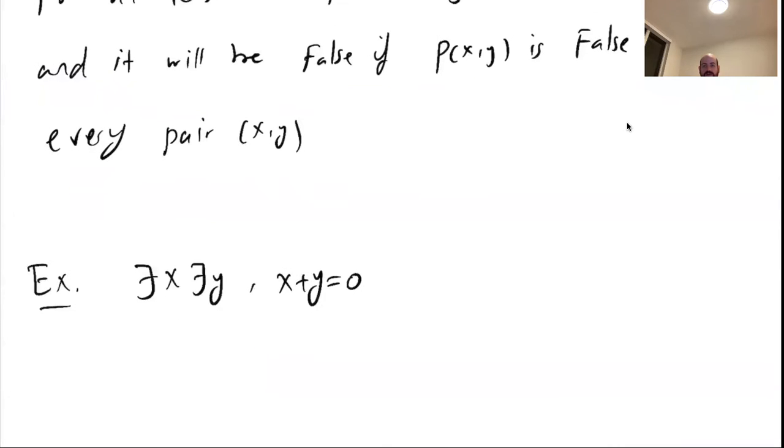Well, obviously there are so many pairs for which this is true. For example, 2 plus minus 2, 1 plus minus 1. For all these pairs, x plus y is 0. So this one is true, since, for example, 1 plus minus 1 is 0.